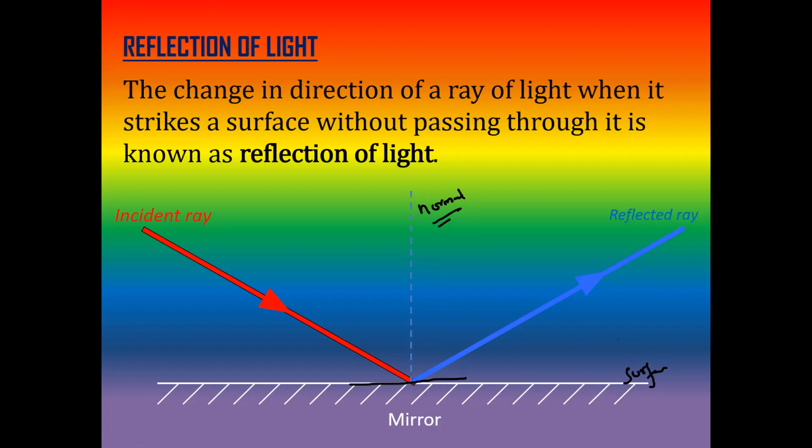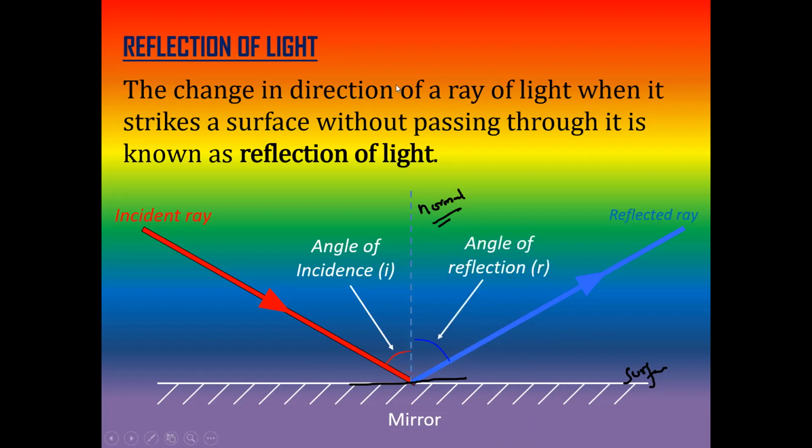Whenever there is a reflection of the light, we measure the angle between the incident and the normal, which is called the angle of incidence, and the angle between the normal and the reflected, which is called the angle of reflection. Whenever we measure these two angles, they come out the same. For example, if the angle of incidence is 40, the angle of reflection will also be 40.